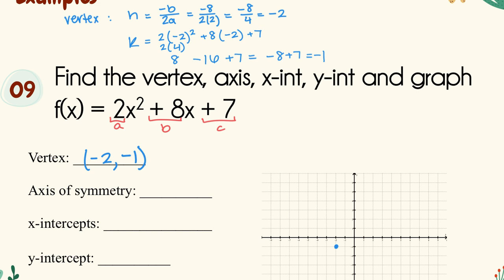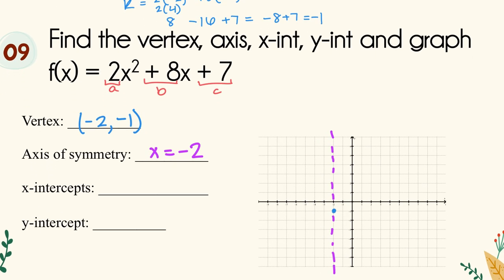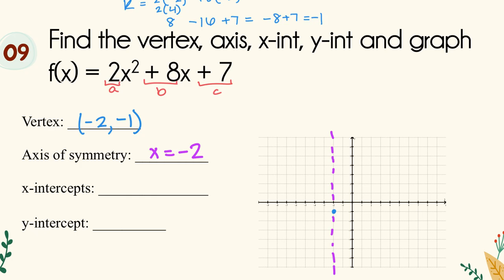Keep in mind, it is the x value of your vertex. So it's where x equals negative 2. And this is where it's going to reflect. Okay, that's my reflection.